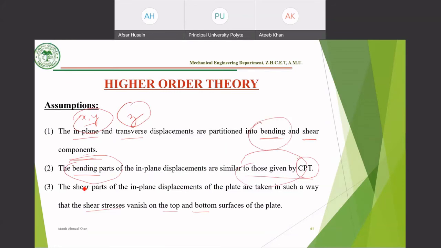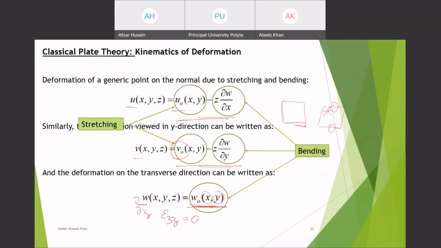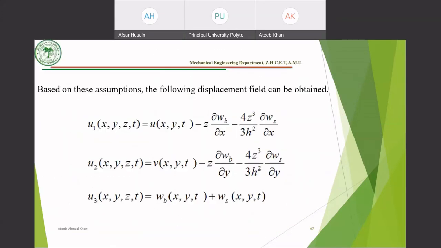Now coming to the second part, the shear part is basically taken such that the shear stresses become 0 at the top and bottom surfaces. So these are the displacement field for the higher order theories which you will get, wherein you can see that the underlying parts of the displacement are same as the classical plate theory.